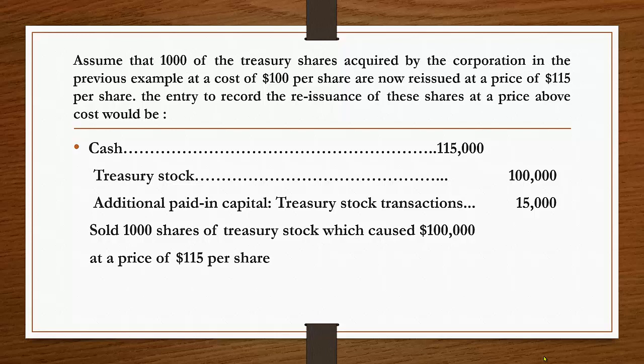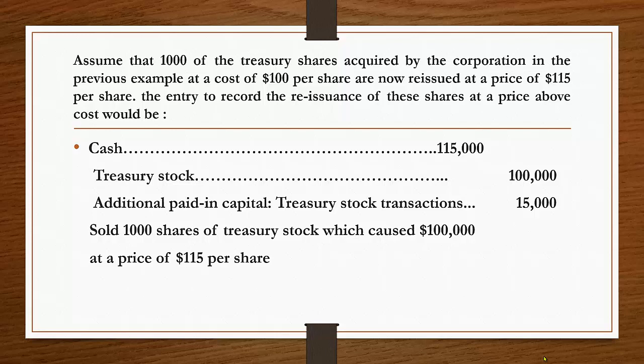Assume that 1,000 of the treasury shares acquired by the corporation in the previous example at a cost of $100 per share are now reissued at a price of $115, meaning the company is issuing its treasury stock at a higher price than its purchase price.